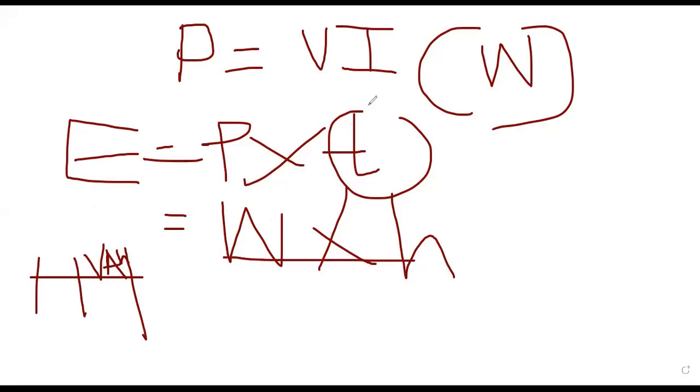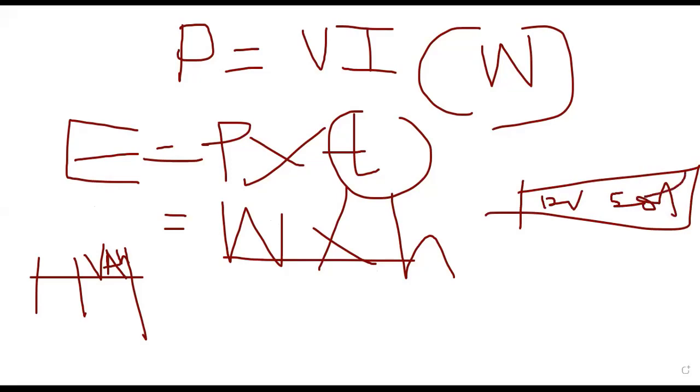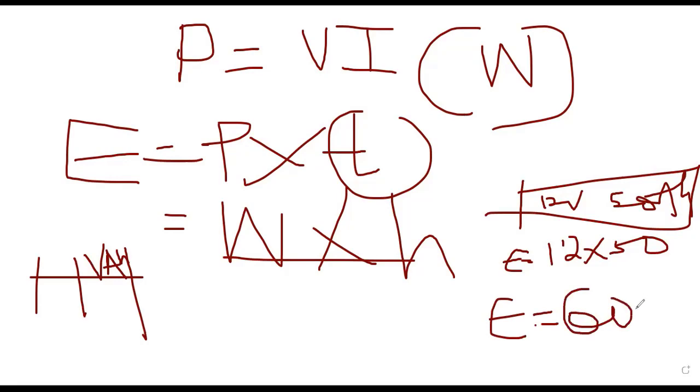So if we have a battery that is 12 volts, 50 amp hour, the energy in this battery, gentlemen, will be what? 12 multiplied by 50. The energy will be what? 600 watt hour. Any question?